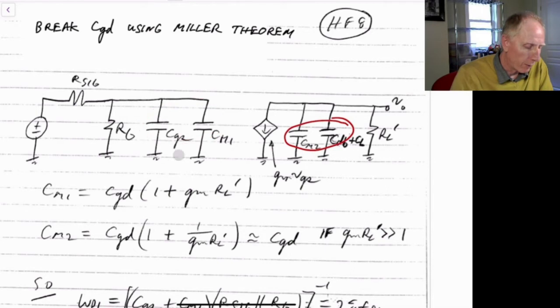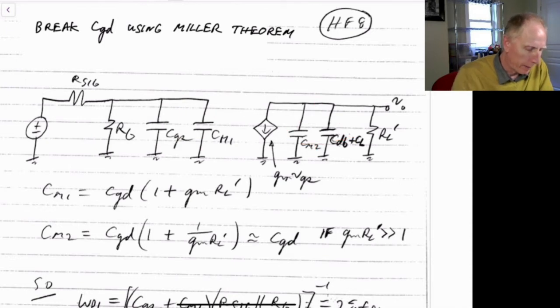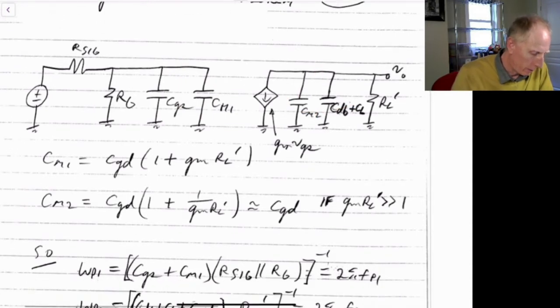To find the pole frequencies, we just have to find the equivalent resistance that each capacitance would see. So for omega P1, start off with this one.